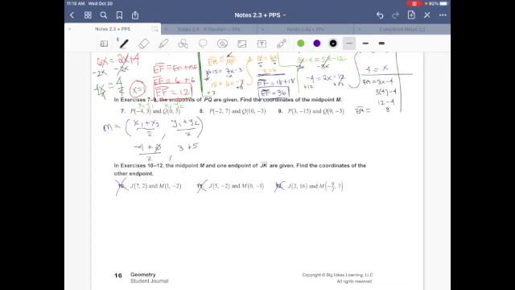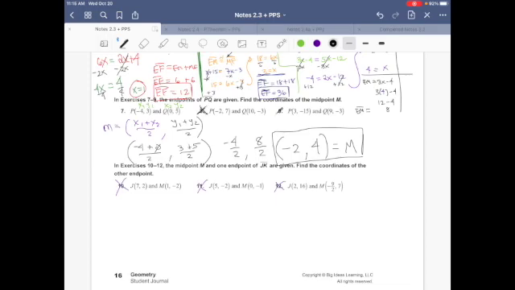So I'm going to add them together and divide by 2. So negative 4 plus 0 is negative 4. And 3 plus 5 is 8. Negative 4 divided by 2 is negative 2. And 8 divided by 2 is 4. So our midpoint is going to be negative 2, 4.